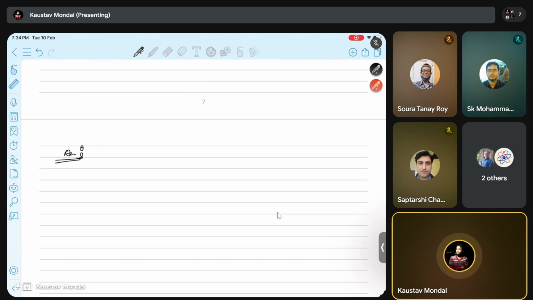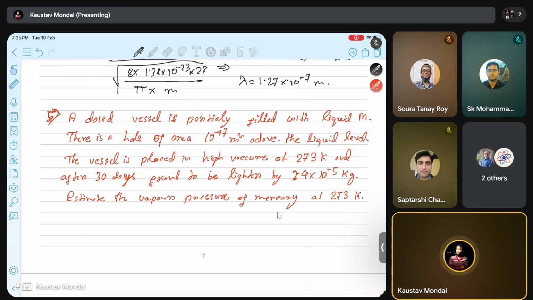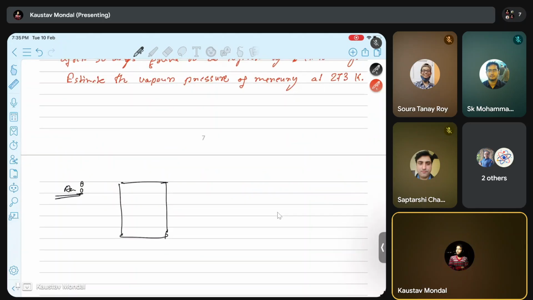So in equilibrium, this is basically effusion. To solve this problem you need the concept of effusion, because the size of this hole is very small, 10 to the power minus 7 meter square. So the molecules will effuse from here.